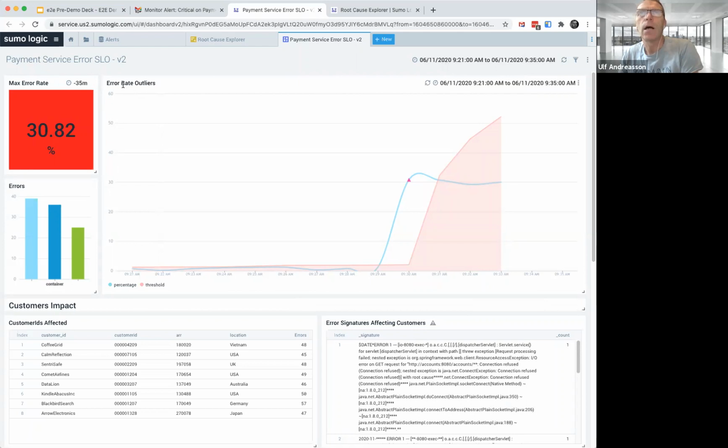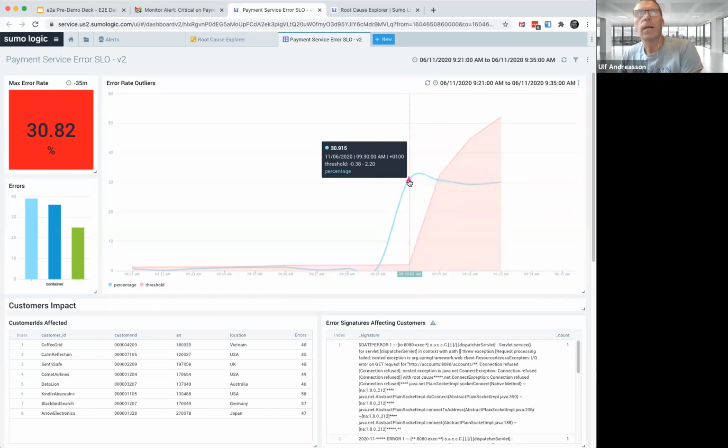I can see that I got an error rate, a high level of errors here. My blue line is effectively the number of errors, and I can see that it's subtly increasing. I do have an automatically calculated deviation from this, but maybe more importantly, this is the outlier that triggered the alert.